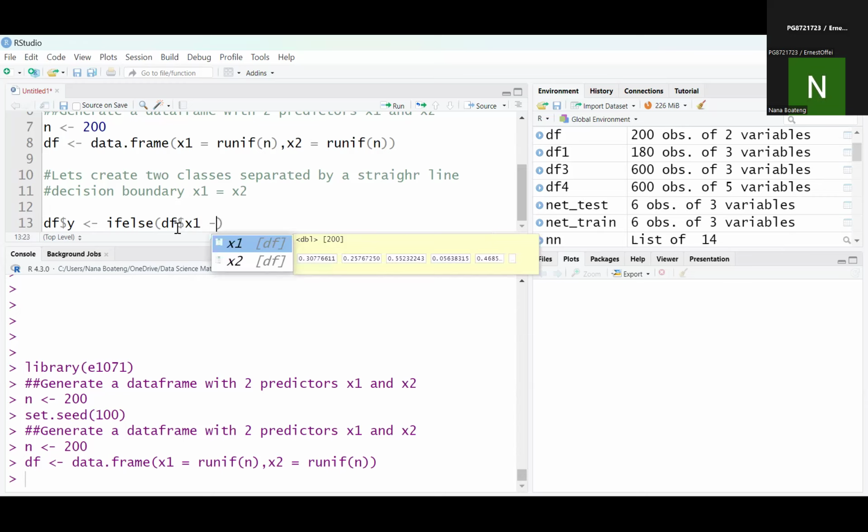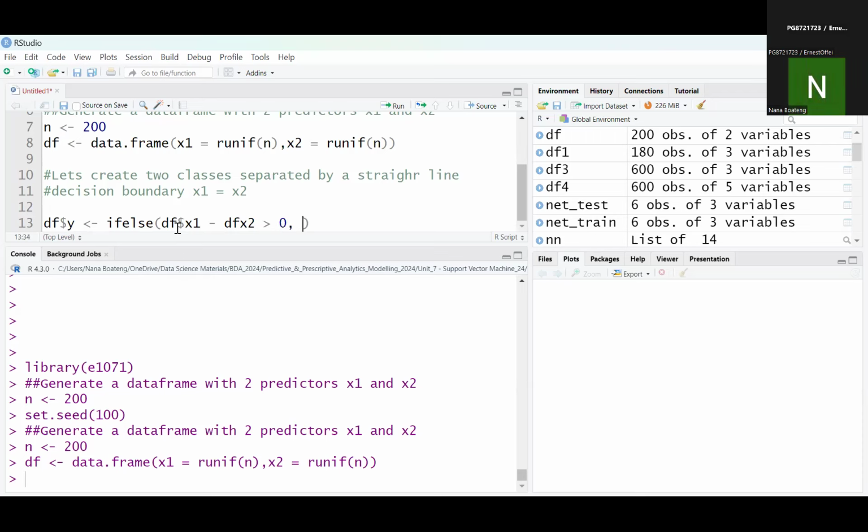So if x1 minus x2, if there's a difference between them, if it is more than 0, then it should fall in this region of -1 or 1.